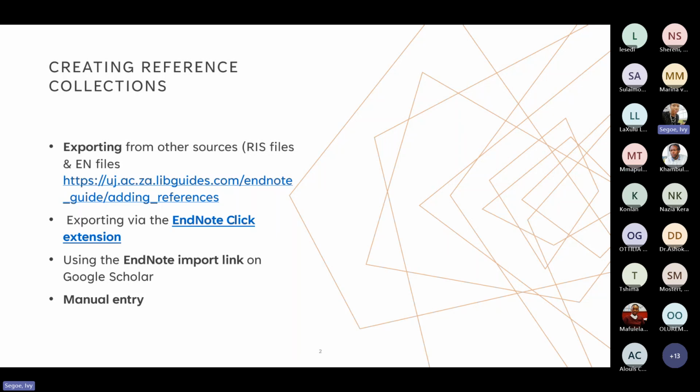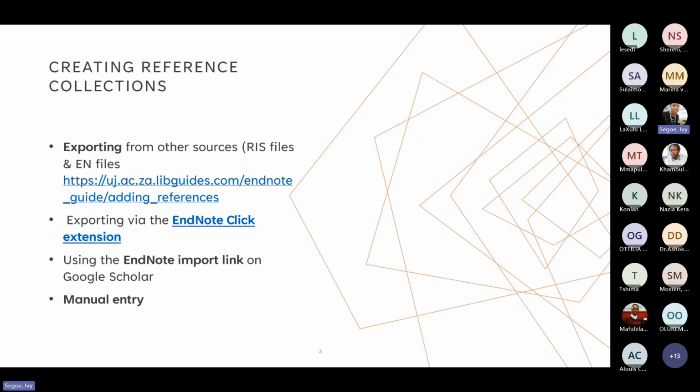So collections are groups or folders that you can create on EndNote just as a way of knowing where to find your references when you are using them as you write.